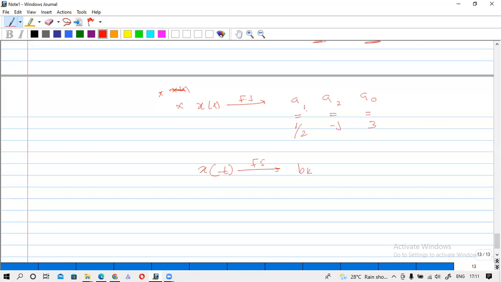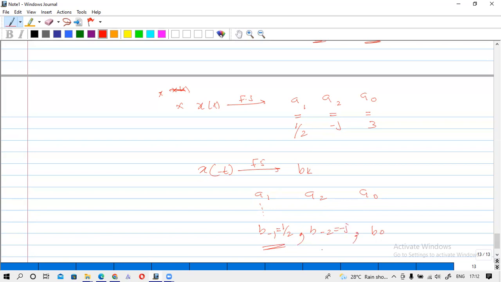Okay, so here we have a1, a2, a naught. Corresponding will be b minus 1, here it will be b minus 2, here this will be b naught. So b minus 1 is equal to a1, that is half. And b minus 2 is equal to a2, that is minus j.